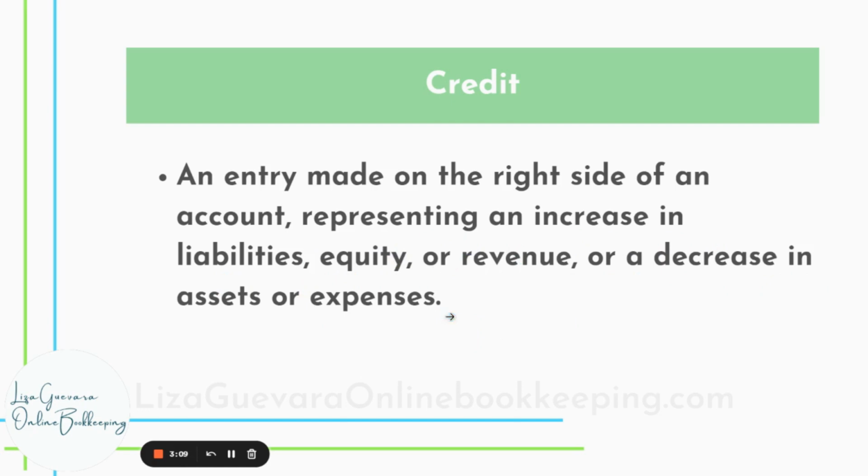You will be able to understand later how debit and credit work when we go to our discussion of the T account. But for now, it is sufficient to know that the debit side is on your left, and the credit side is on your right side.